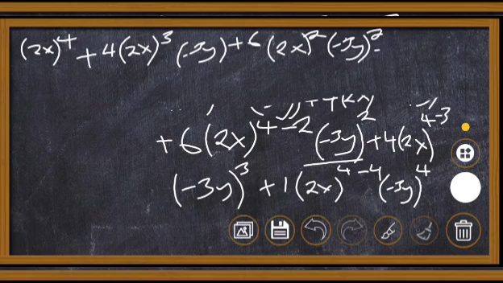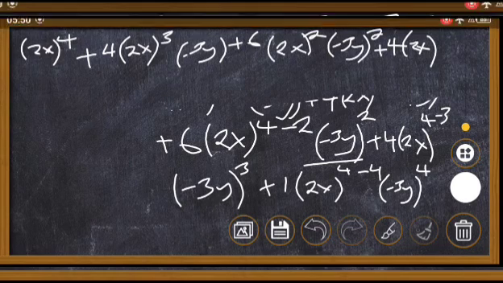Okay, and then plus, we move to the other term that we have, which is this one. Here we have the other term which has 4, and then open brackets we have 2x. So this time, let me just write that properly.